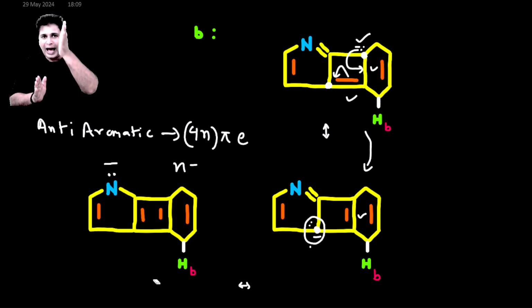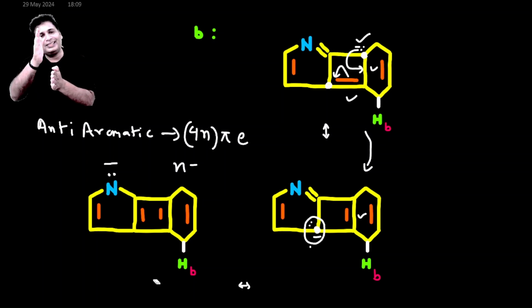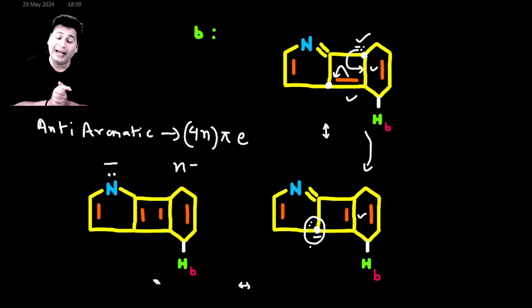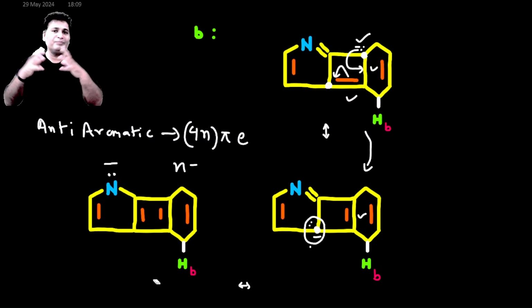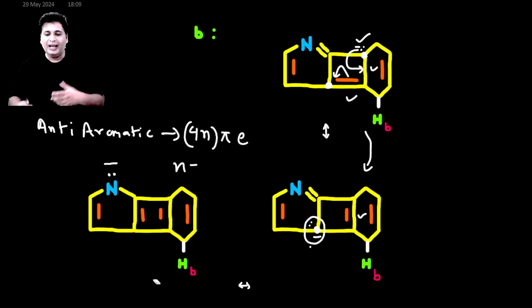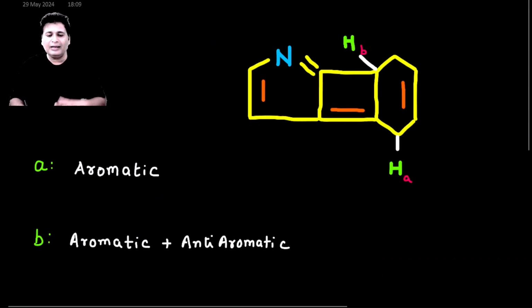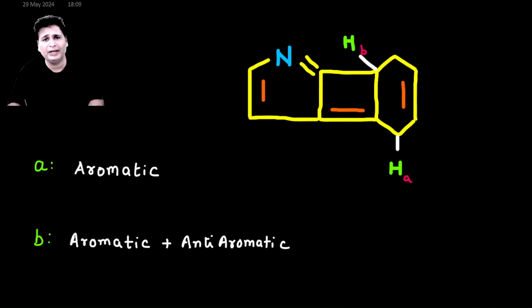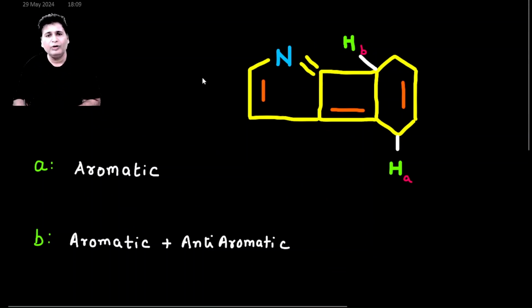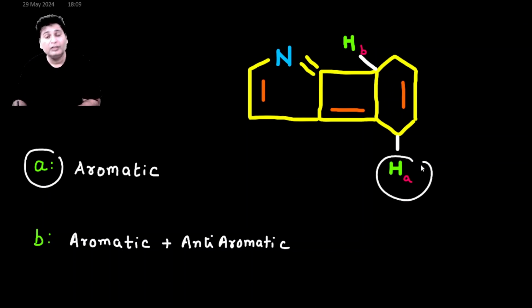So one aromatic ring, and simultaneously the presence of another anti-aromatic ring. If you club these two behaviors, you will get a net destabilization, and then it becomes very easy to compare. You know that after the removal of A, the species was purely aromatic. There was no tinge of anti-aromaticity.